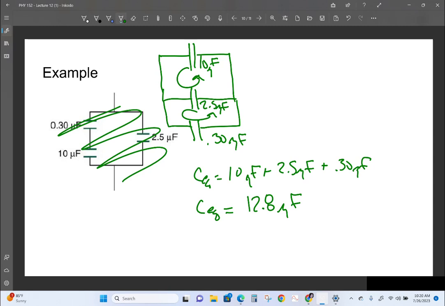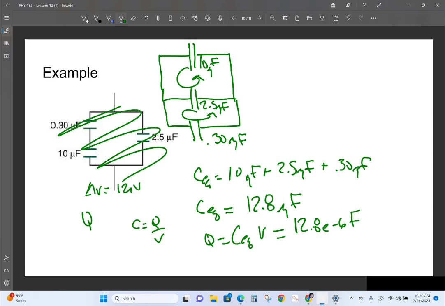If I wanted to know the total charge that these would hold, if I had a voltage of 120 volts applied to them, since C equals Q over V, the charge would be CEQ times the voltage across them, which would be 12.8 e to the negative 6 farads times 120 volts.